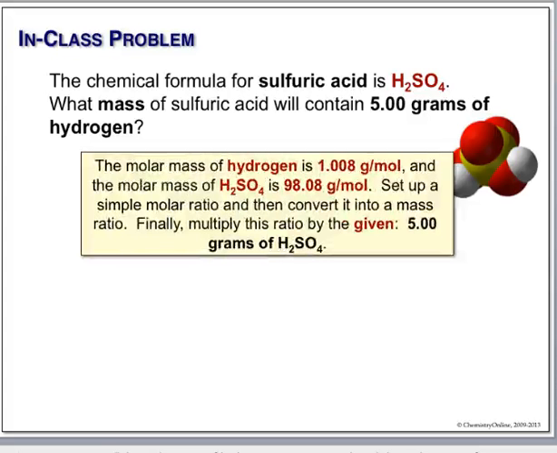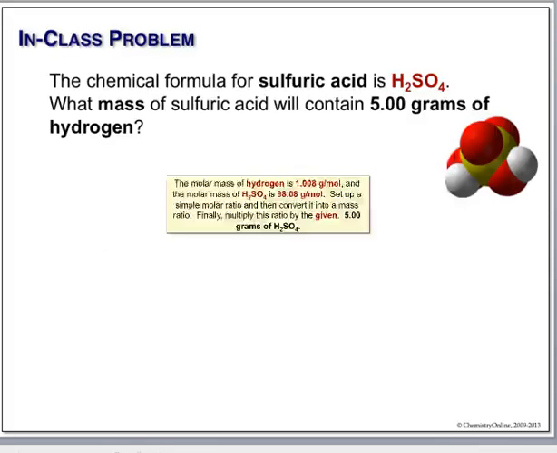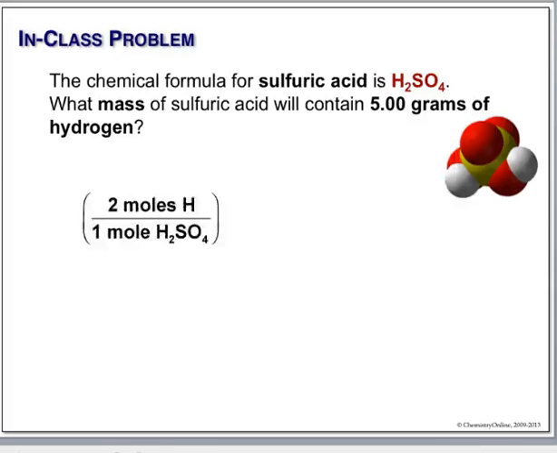So what I'm going to do is set up a mass ratio for hydrogen to sulfuric acid, and then just multiply it all out. Let's see how we do this. There are 2 moles of hydrogen in every sulfuric acid. Everybody's happy with that. The mass ratio would be 2 over 98.